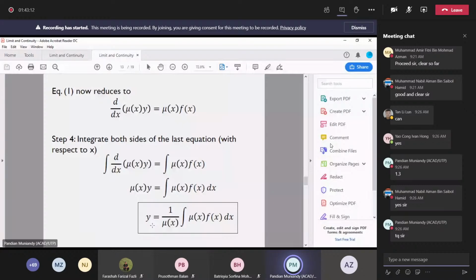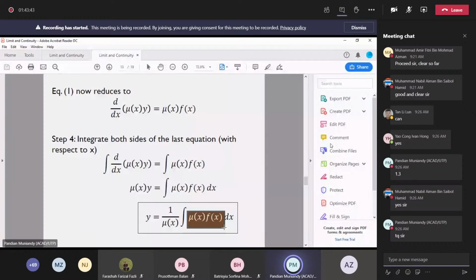So this is what we want. When you solve the problem, straight away you go here directly, but you need mu(x). So you substitute mu(x) here: 1 over the denominator mu(x), and you integrate mu(x) f(x) with respect to dx. So you will have a plus c here.